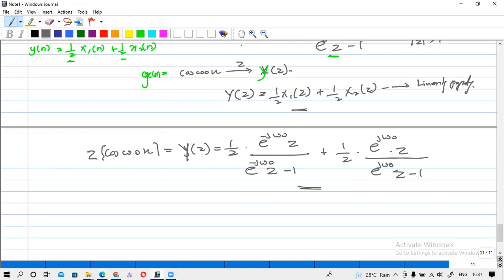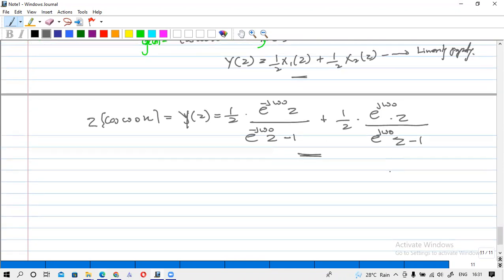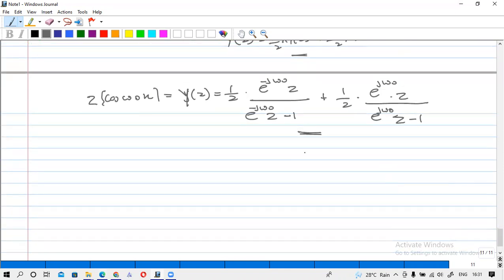Actually, you can convert these terms again into cos and sine terms, but I'm not going to do that. If you wish, you can get the common denominator and try to simplify this further.